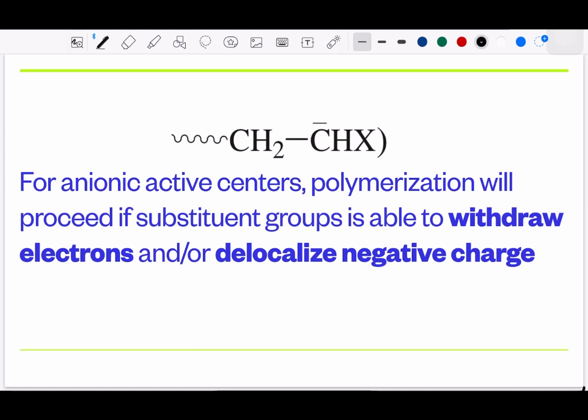They need electrons, or we can say they can delocalize the negative charge. Then they can take the polymerization on the active centers. So that's the basics. We are going to take this behavior on these ions, either carbocation or carbanion, cationic or anionic, and see how they behave, and take that as our principle for polymerization.